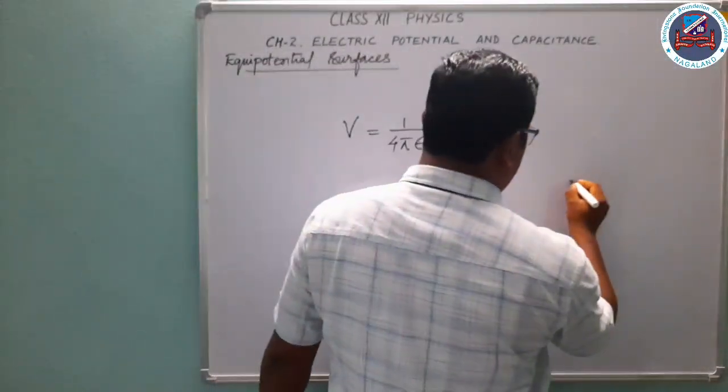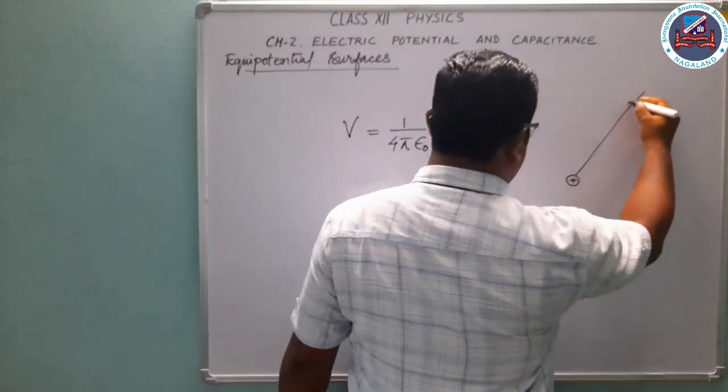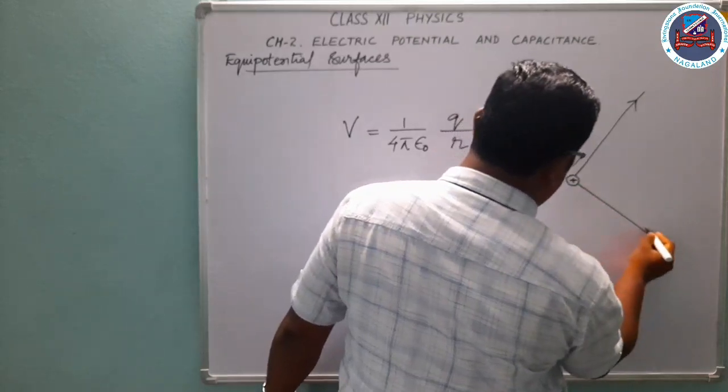This is a point charge, suppose a positive charge. We know that the electric field lines go away from the charge radially.